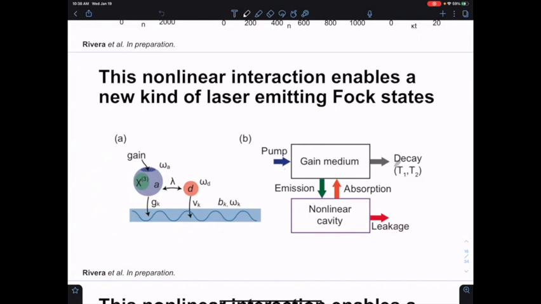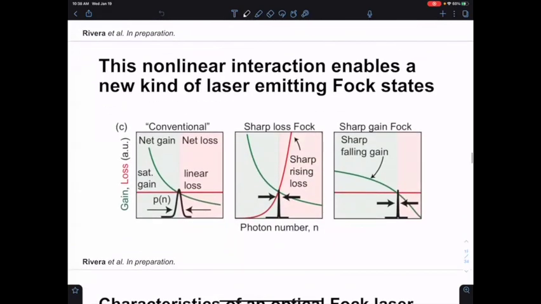It also has energy leaving and fluctuations added through decay of the polarization and the inversion associated with T2 and T1 times. And the cavity also has some dissipation, exactly of the type described before, this kind of nonlinear dissipation. This type of nonlinear interaction enables a new kind of laser that emits Fock states.